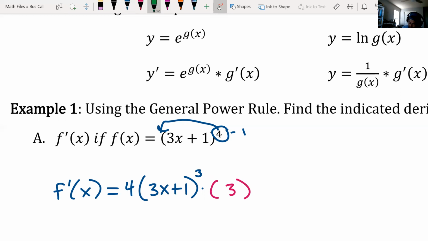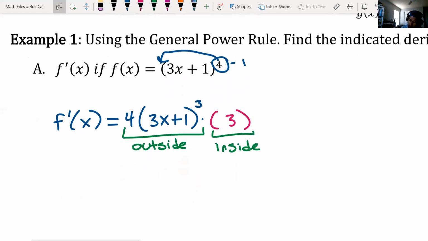So again, derivative of outside times the derivative of the inside. Okay. And all we have to do is clean up. So I'm just going to multiply the 4 and the 3 together, and that'll be it.